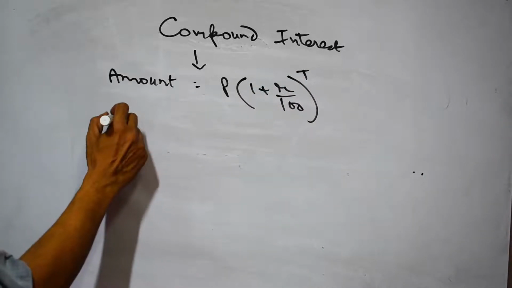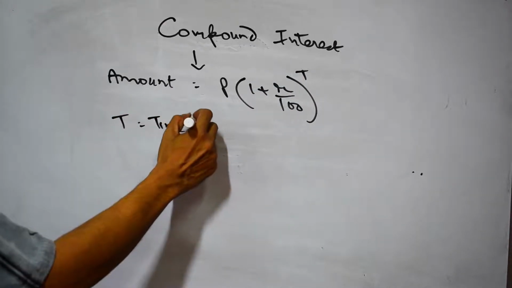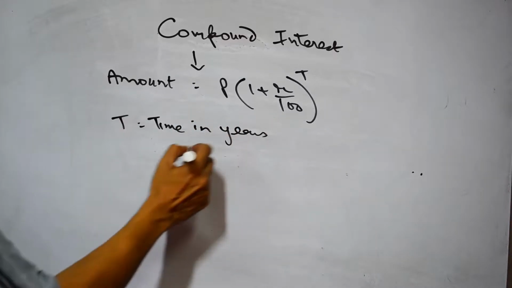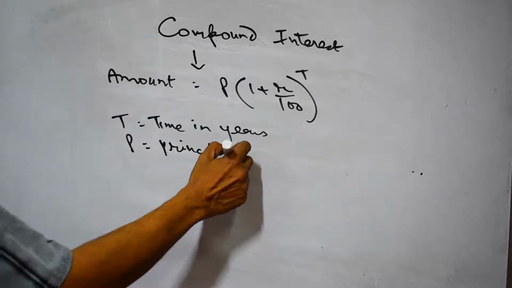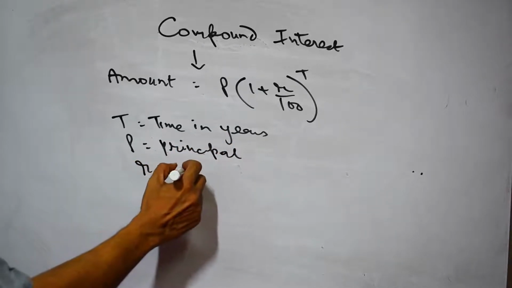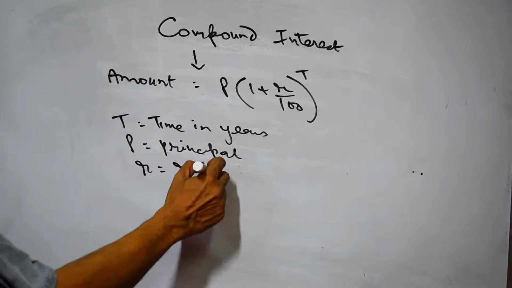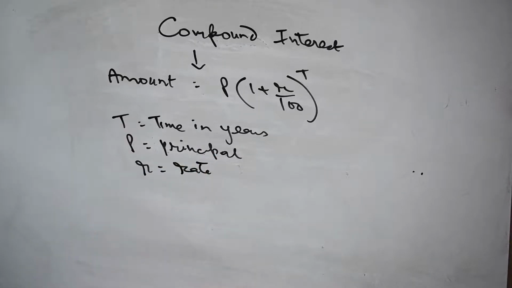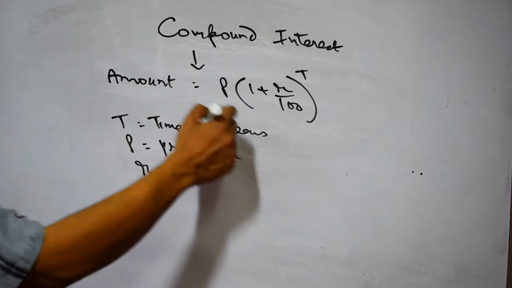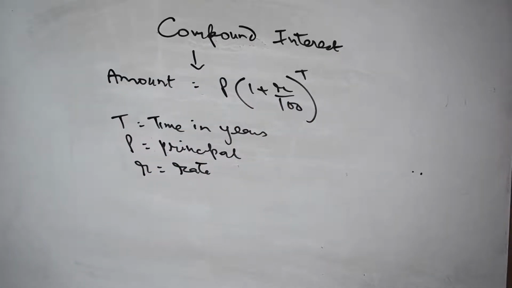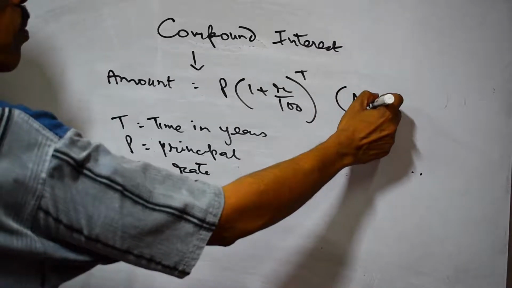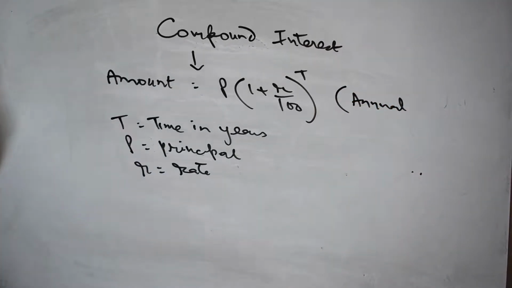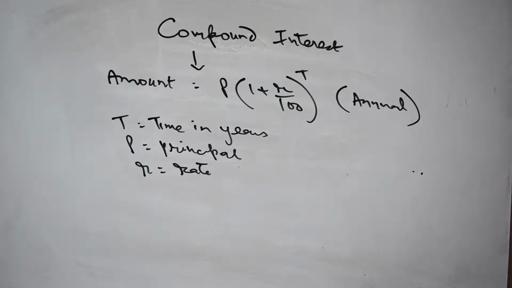Here t is time in years, P is principal, and r is the rate, the rate in compound interest. The formula is not just added but multiplied, and this is the annual mode of payment. The interest is calculated annually.